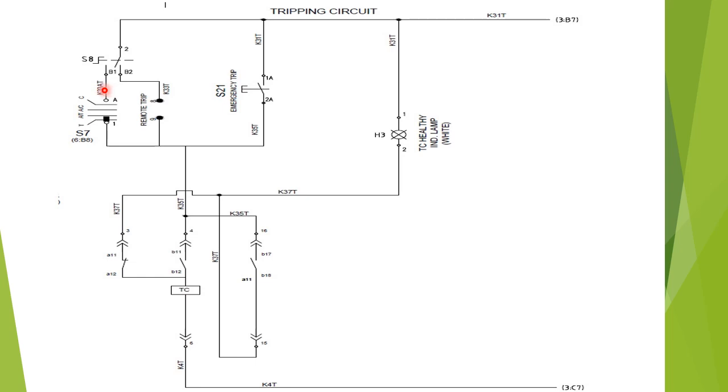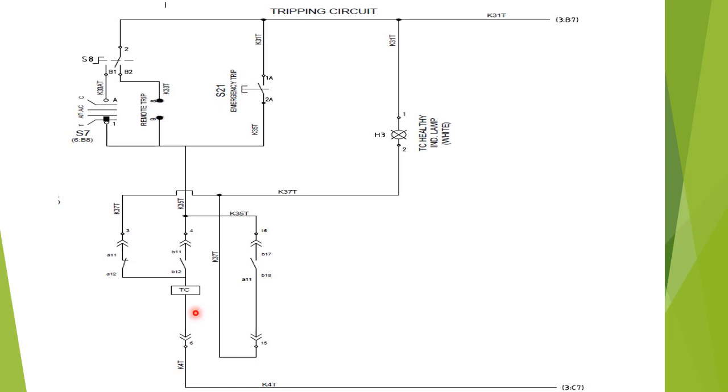If we give a tripping pulse from this TNC switch, the positive DC coming from K31T, from the local remote selector switch via the TNC switch to this K35T, and via this auxiliary contact, since the breaker is on, this auxiliary contact comes to NC position, the trip coil will get a positive DC voltage, that is 240 volt DC voltage, and the trip coil will be energized and the breaker will be tripped.